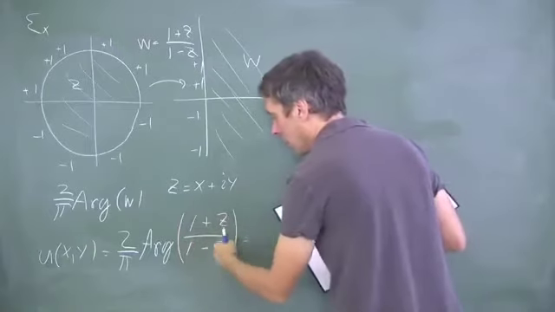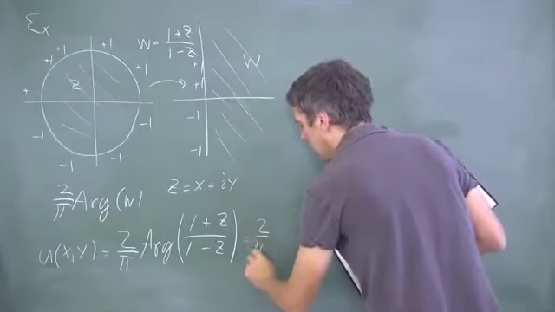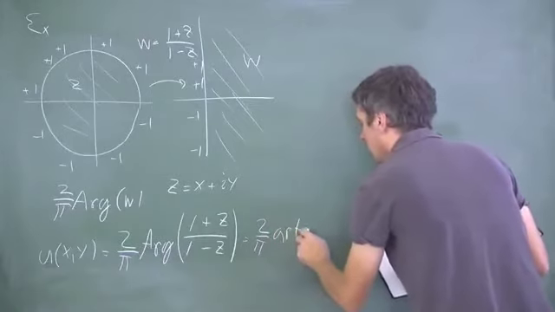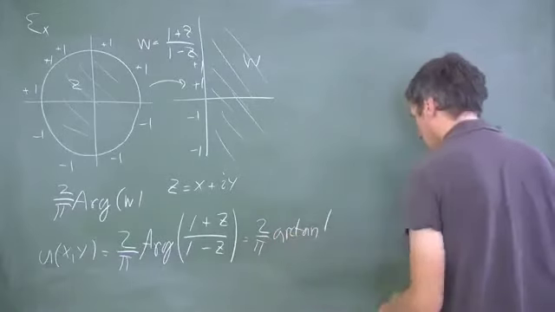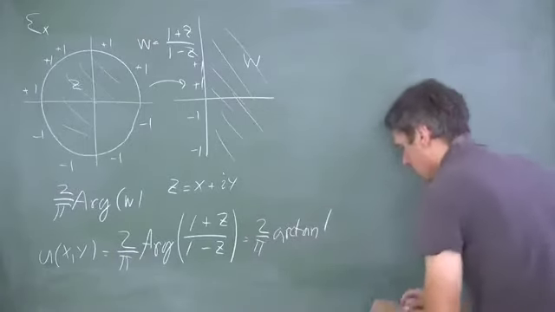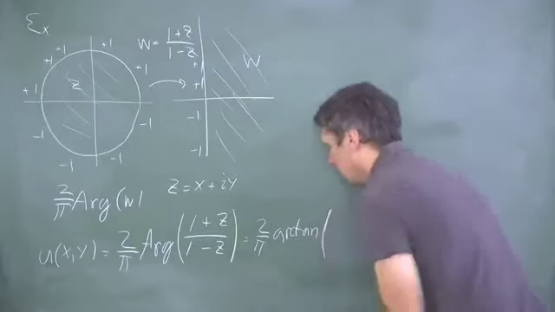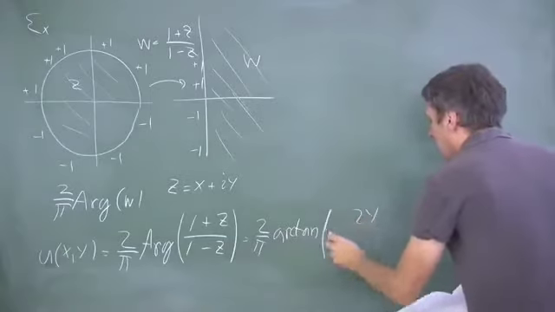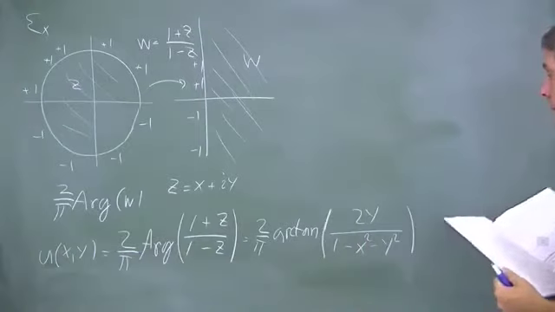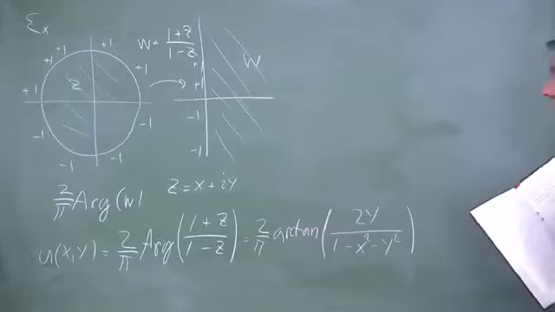You just compute the argument of this complex number in terms of x and y, and I won't do that here, but the result is then that you get the arctangent function of 2y divided by 1 minus x squared minus y squared, like this. So this is actually the solution to the problem.